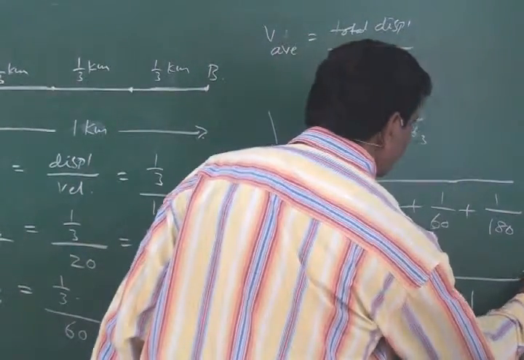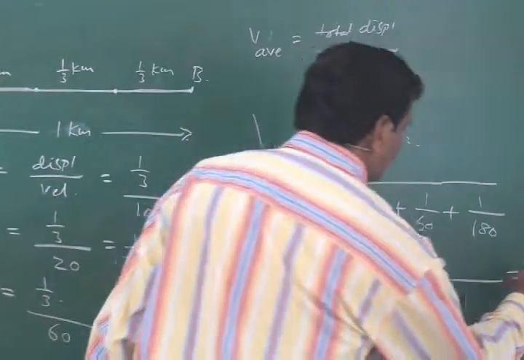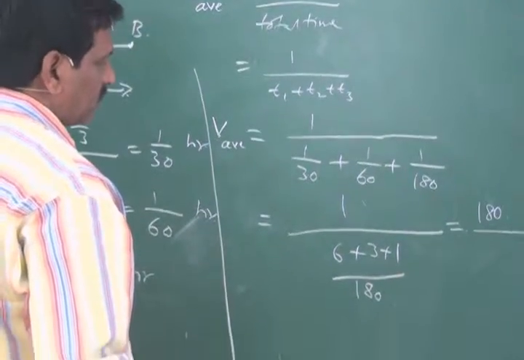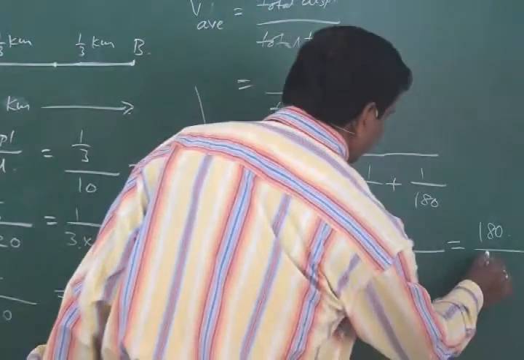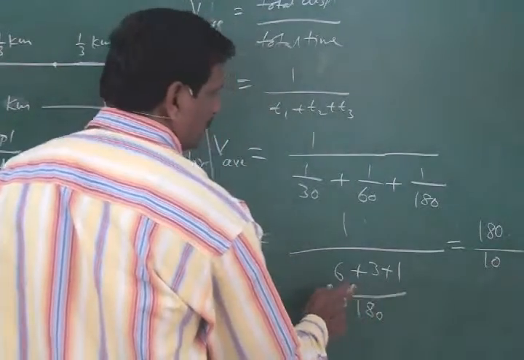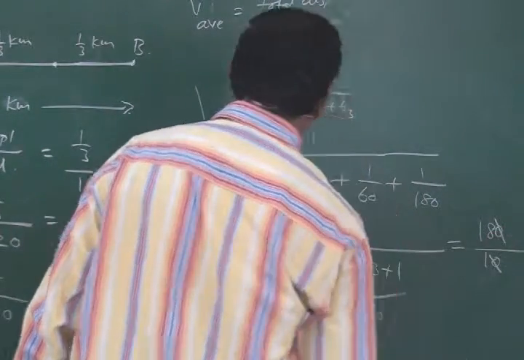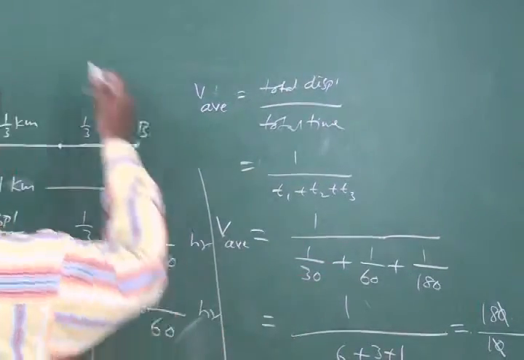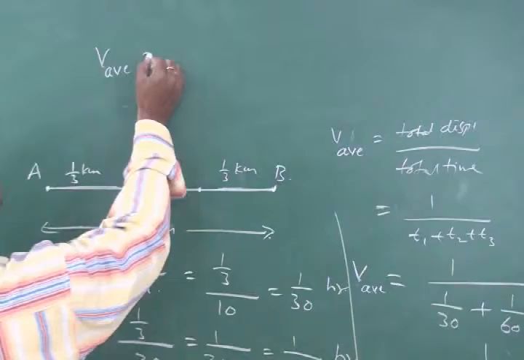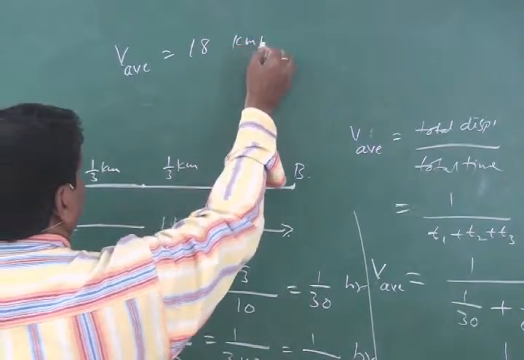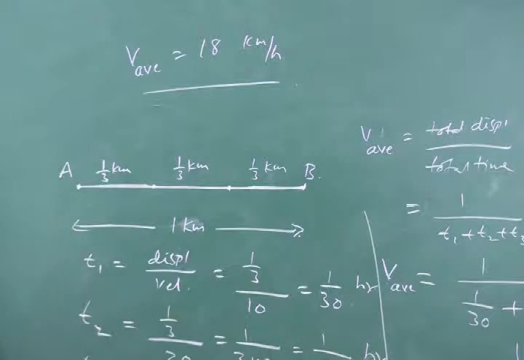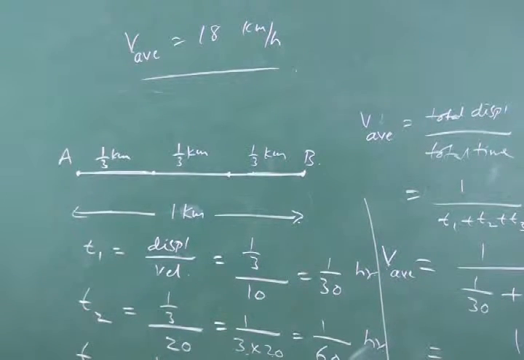Hence this is equal to 180 over 6 plus 3 plus 1, which is 10, so 180 by 10. So V average is equal to 18 kilometer per hour. So this is the answer. Average velocity in this case is 18 kilometer per hour.